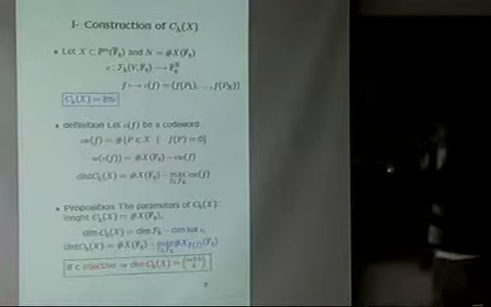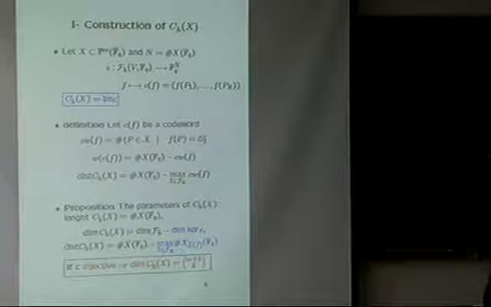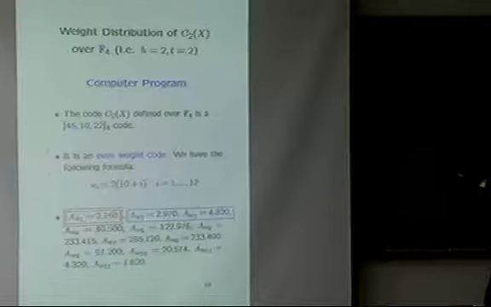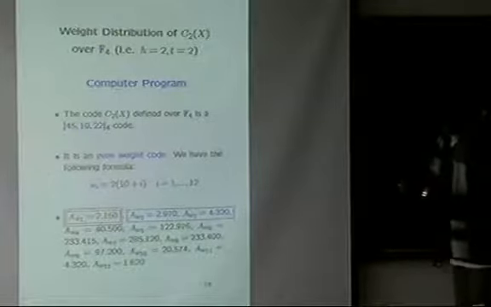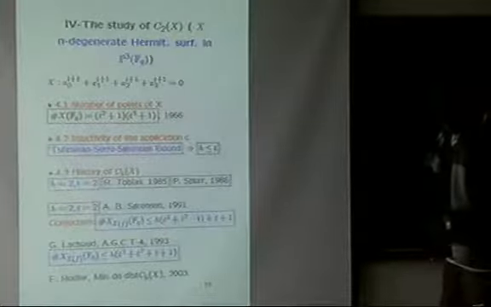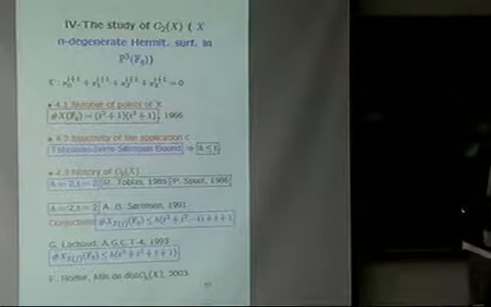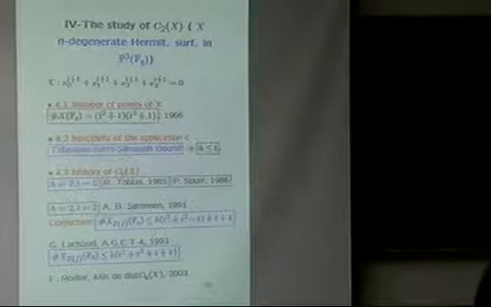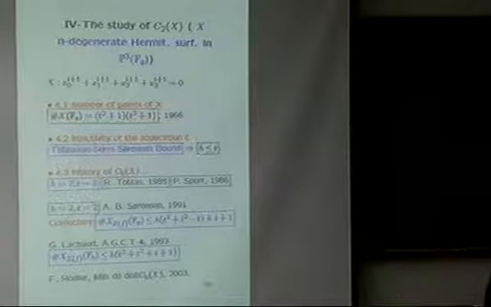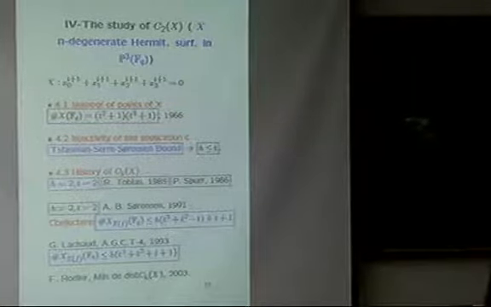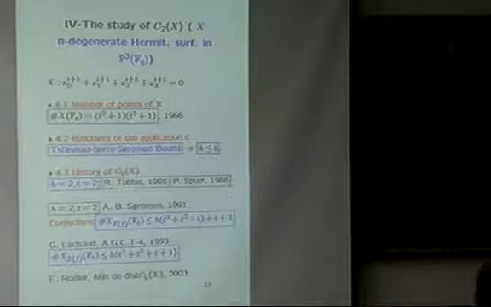Okay, this map. I need to make it injective. So if you use the result of Tsfasman, we can prove that when h is less than t, the map C is injective.